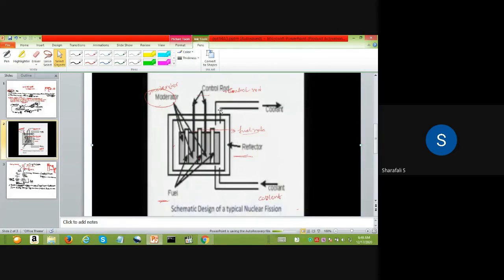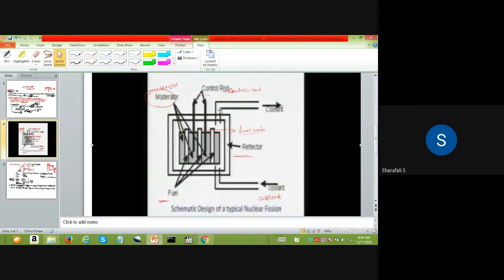If that reaction rate is larger, it means more neutrons are produced in the nuclear fission process, and all these neutrons will again hit uranium-235 and produce more nuclear fission. So the number of nuclear fissions per second will be larger.